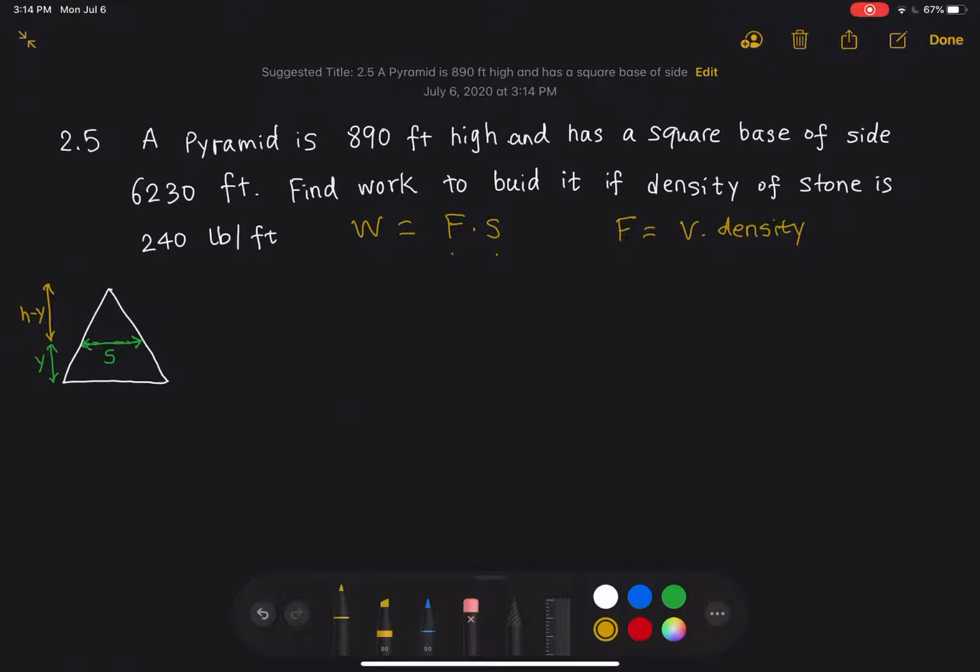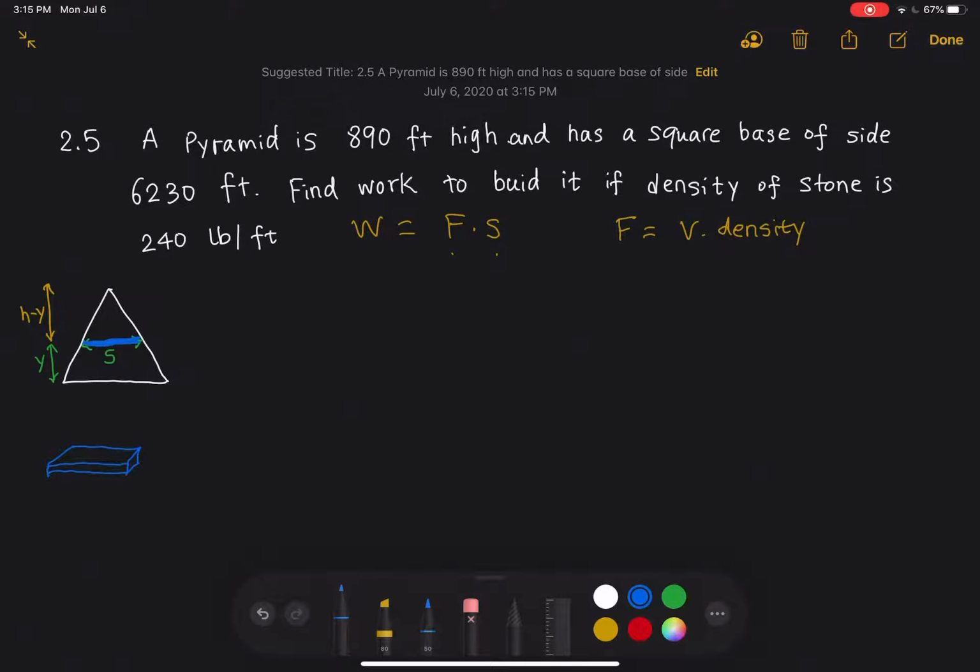So the way we solve it is to break it down into a small layer. Right here, I have a small layer. How do we calculate this layer? If you break it down into a very small layer, you can treat it as a rectangular slab, so it's base times height.